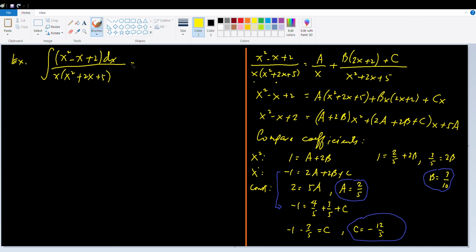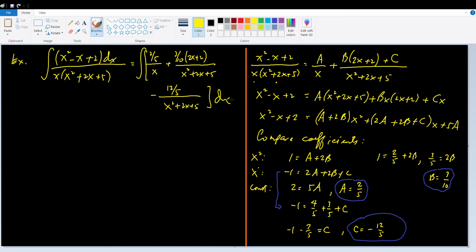So plug in these values to the partial fractions. We have the integral of a, 2 pips over x, and then b is 3 over 10 times 2x plus 2 all over x squared plus 2x plus 5, plus c, negative 12 over 5 over x squared plus 2x plus 5, quantity dx.